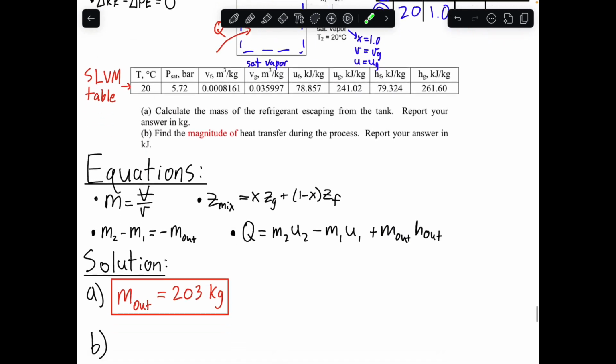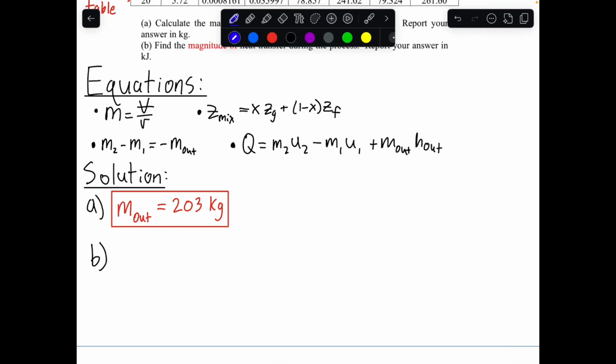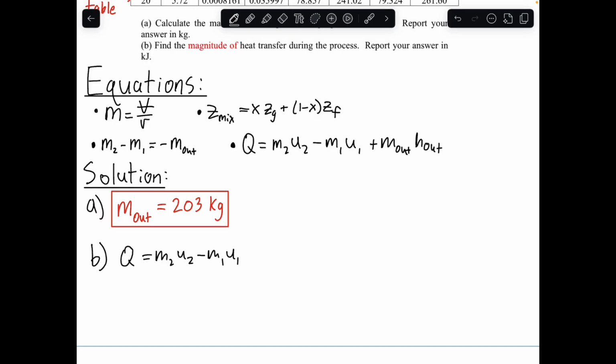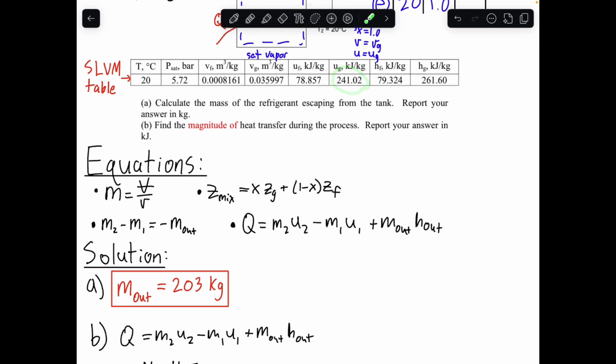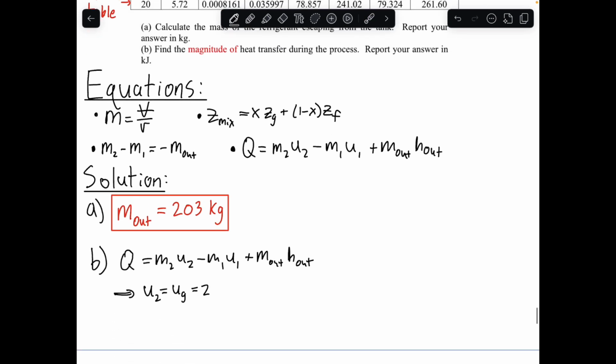So I'll just rewrite the first law down here to be thorough, and we can write down the properties that we need at state 2 and the outlet state. So U2 is going to be equal to Ug, which is going to be equal to, in our table here, 241.02 kilojoules per kilogram.